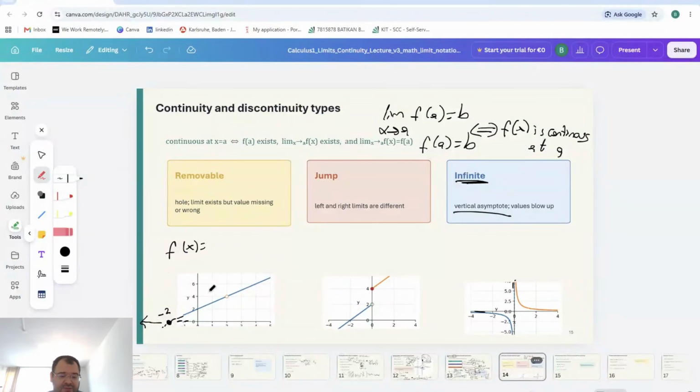I remember this function from our previous slides. f(x) equals x squared minus 4 divided by x minus 2. This function you can simplify as x minus 2, x plus 2.